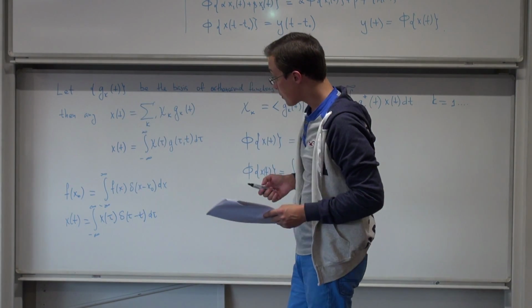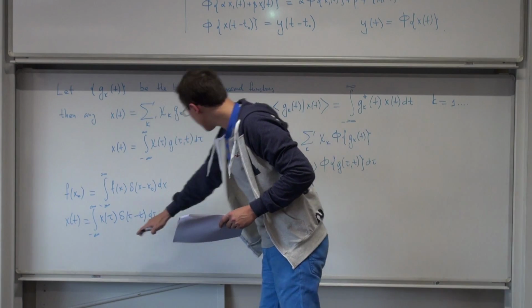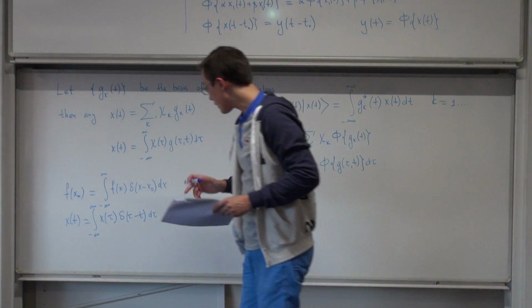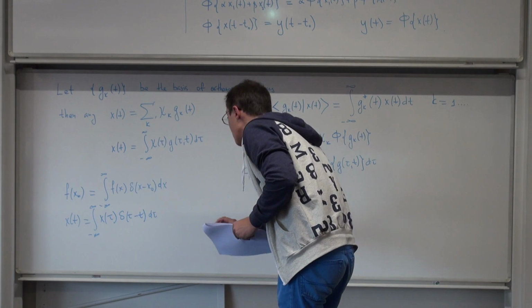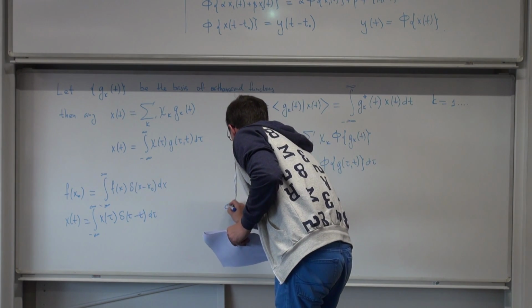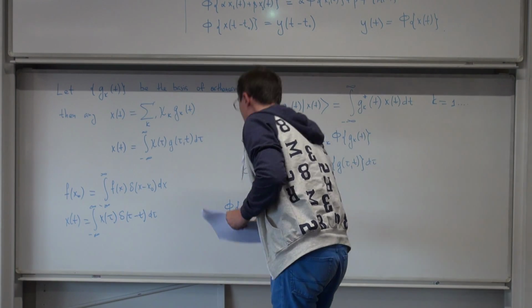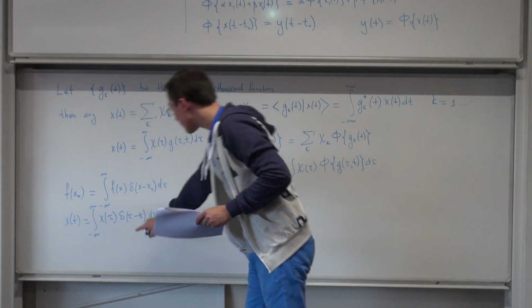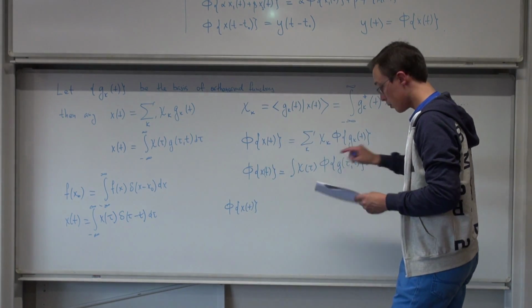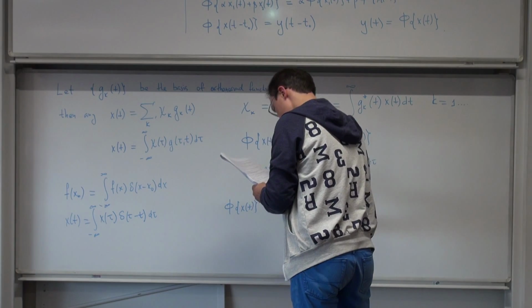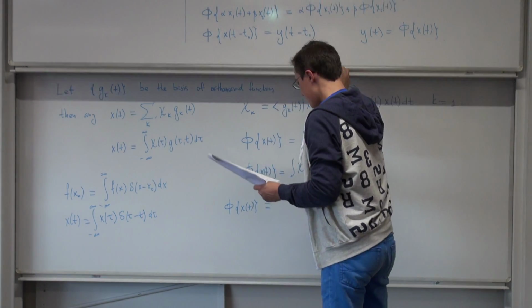Okay, but to this we can actually apply that. So let's now figure out the response. So phi applied to x of t will be phi applied to this. So we will now use this equation.